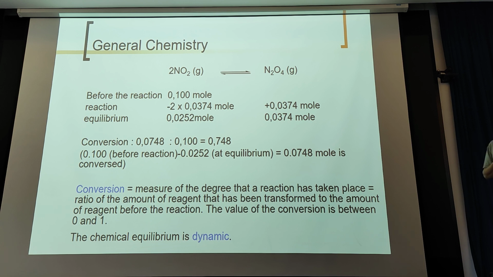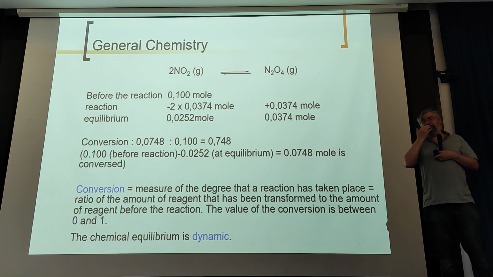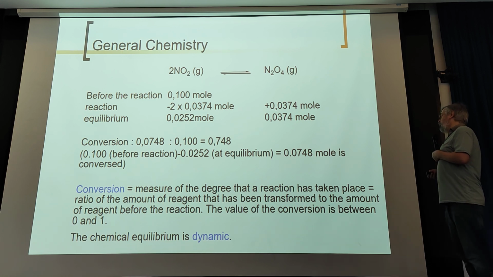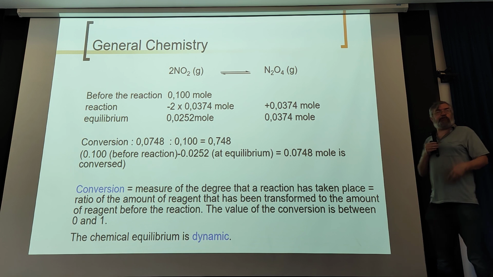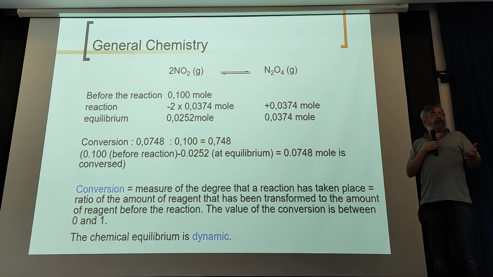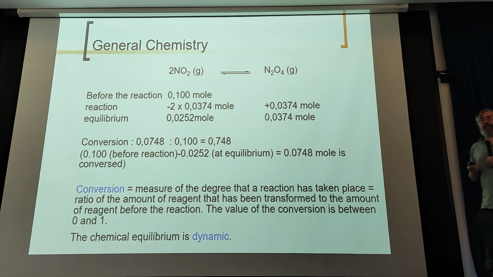This is what I already told. The equilibrium is dynamic. So in fact, N2O4 is falling apart as fast as it forms. And this keeps the reaction in equilibrium. So the value of conversion, if we express it as a number, can be between 0 and 1. We can also say percentage of conversion, and then we have to multiply it by 100. So if it's percentage, it was 74.8 in this case.